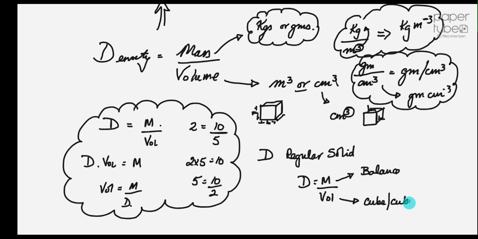Very few cubes in the real world, lots of cuboid-like shoe boxes and stuff like that. Cylinders, spheres. We don't do the cylinders and we don't do the spheres, so we wouldn't have to worry about them. So you find the mass using the balance, and you find the volume by measuring it. That's your regular solids.